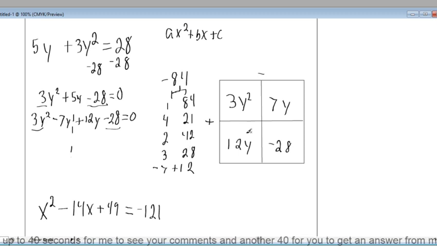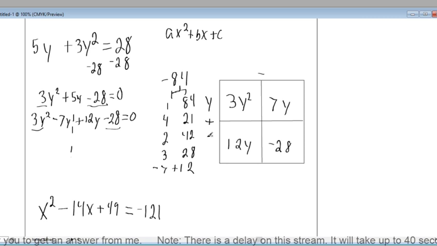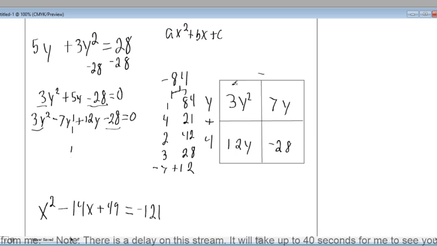So we now factor our rows and columns. So common between these two numbers here is y. Okay. Then these two right here, 12 and 28, that looks like 4. This column here, we have 3 and y. They both have 3 and y.